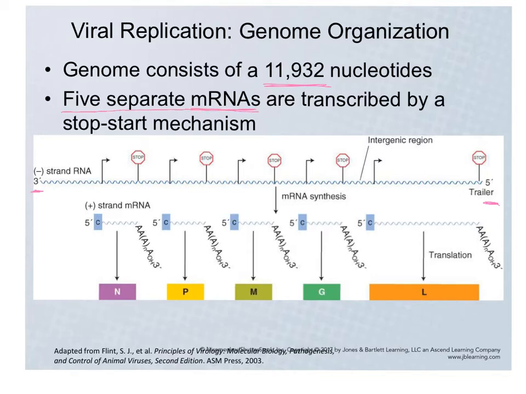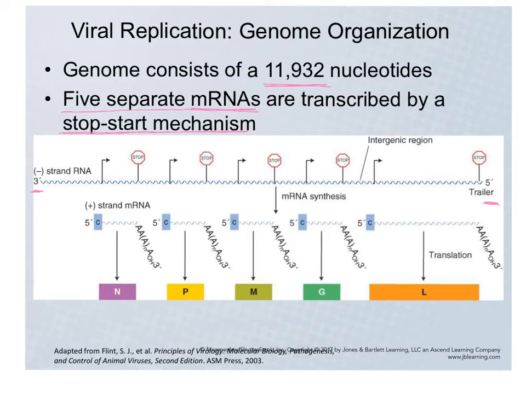And the way that it will produce these 5 separate messenger RNAs from this linear genome is by a mechanism that we call a stop-start mechanism of transcription. The polymerase is going to start transcription, and then it's going to stop, and then it starts, and then it stops. And that will allow it to produce separate messenger RNAs.